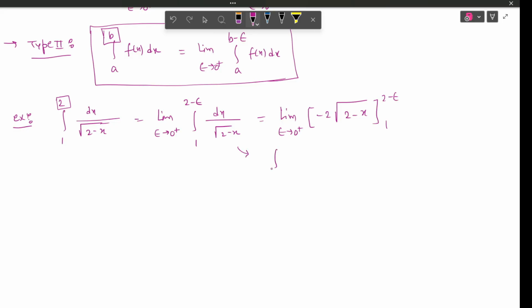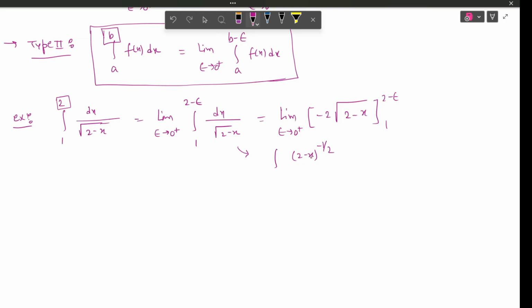So we can write this as 2 minus x to the power minus half. Now simply apply the x to the power n formula, that is x to the power n plus 1 by n plus 1. So x to the power minus half plus 1 by minus half plus 1. So you will get twice square root of 2 minus x, right?